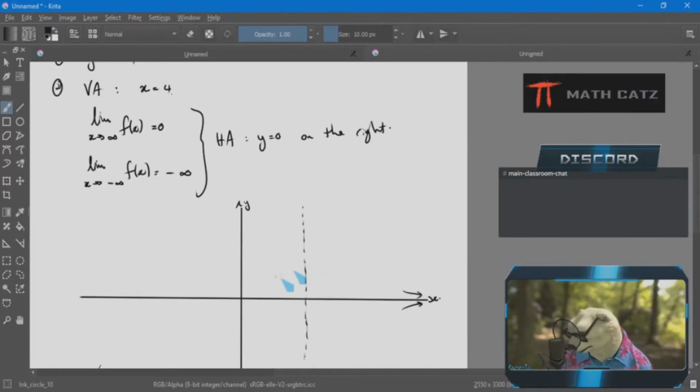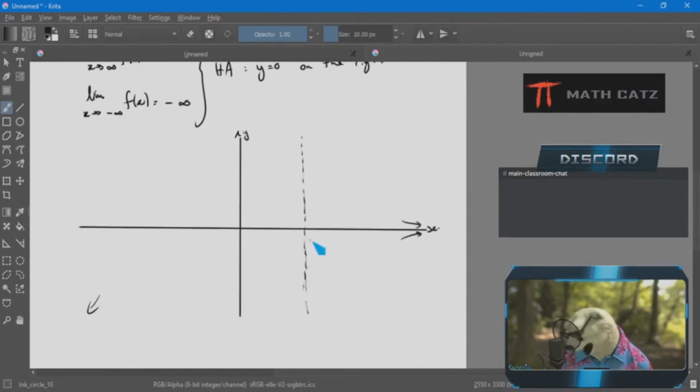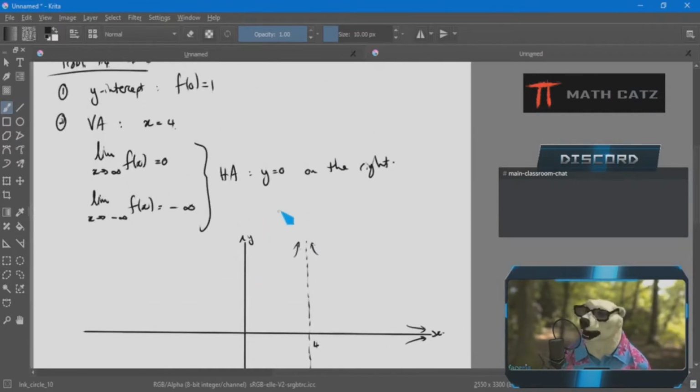So I want to give myself some space on either side of the vertical asymptote. And that's going to sit at 4. Again, I have no idea how it approaches that vertical asymptote. And I'm also not expecting myself to know, because I know step 3 will tell me that right away.